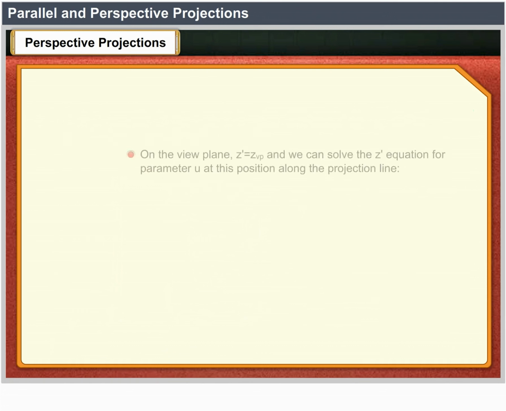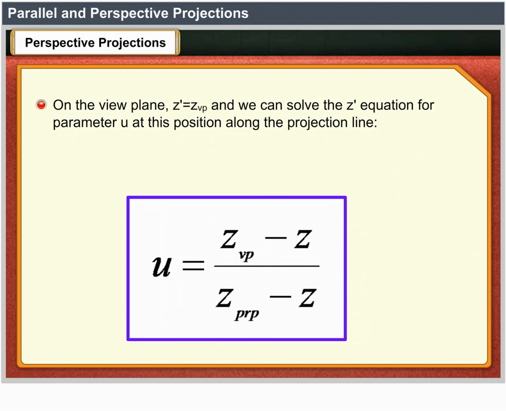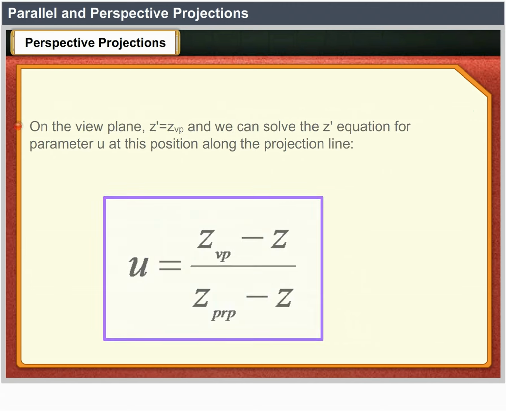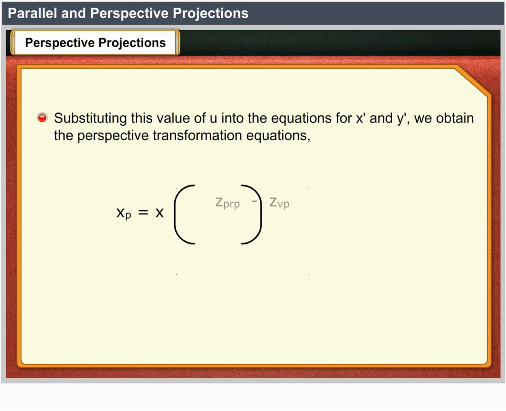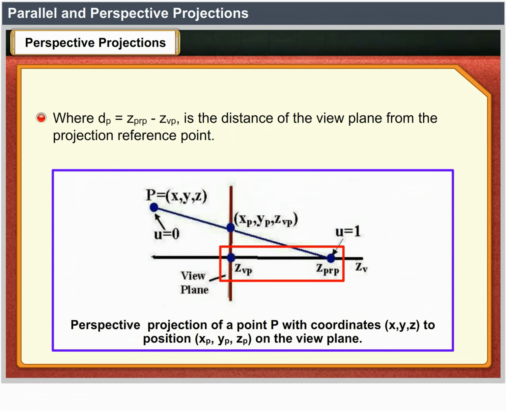On the view plane, z' equals zvp, and we can solve the z' equation for parameter u at this position along the projection line. u equals zvp minus z over zprp minus z. Substituting this value of u into the equations for x' and y', we obtain the perspective transformation equations as shown, where dp equals zprp minus zvp is the distance of the view plane from the projection reference point.